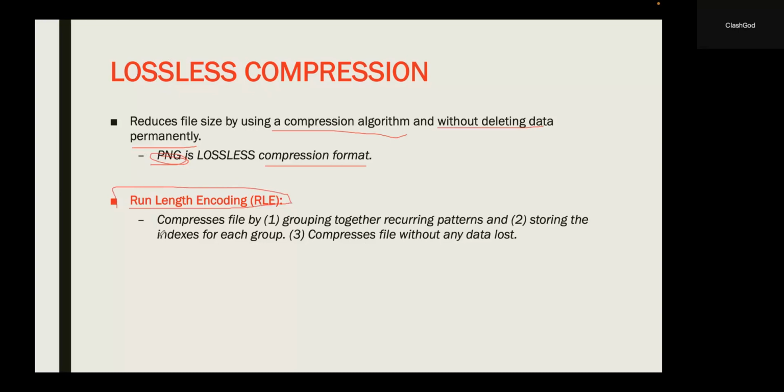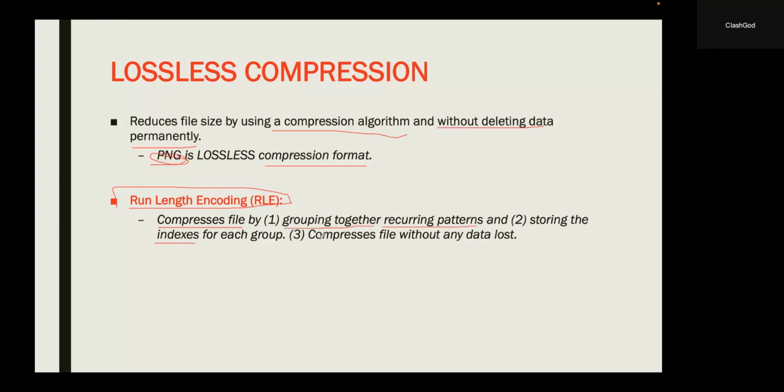Run length encoding is a method of lossless compression which compresses a file by... I wrote these 1, 2, 3s because if they ask you to give a definition of run length encoding in the test, each 1 is a mark, 2 is a mark, and 3 is a mark. So keep that in mind. Run length encoding compresses a file, reduces file size, by grouping together recurring patterns and storing the indexes for each group.